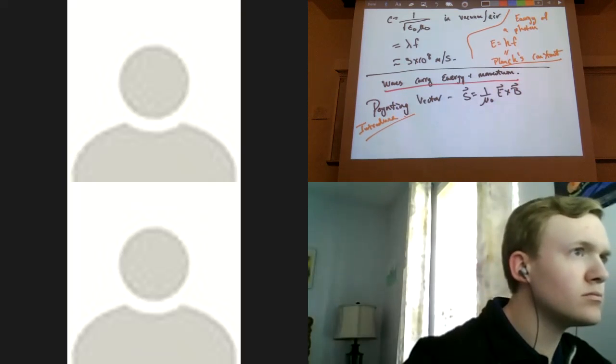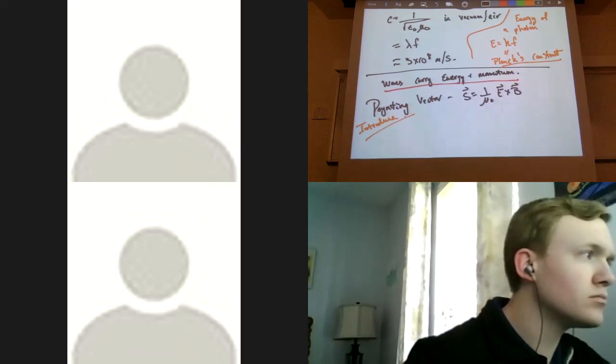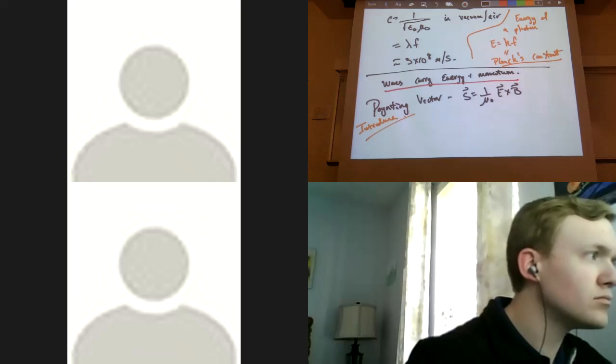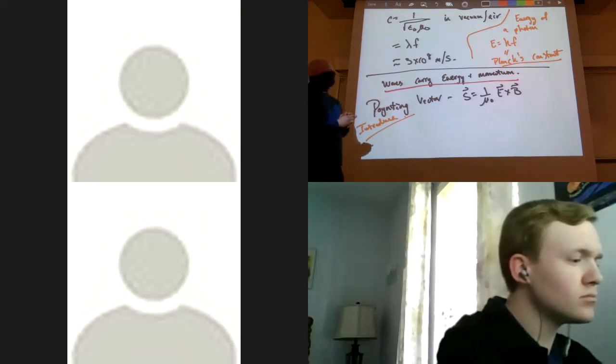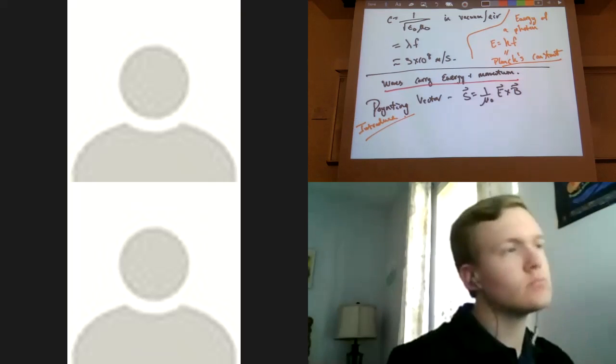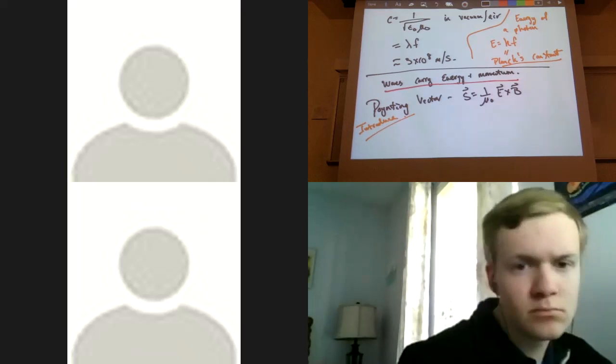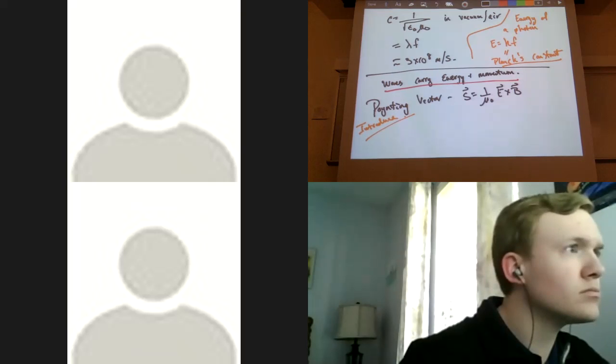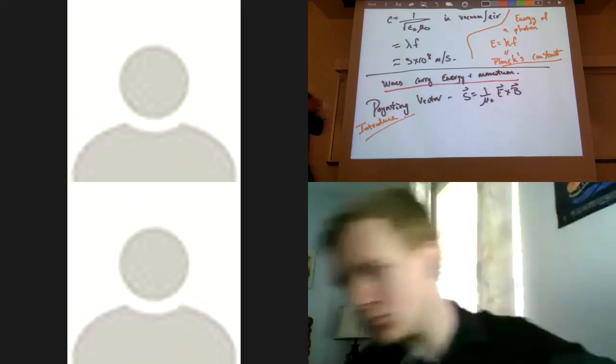So as the frequency goes up, the more energy the photon carries. So very small wavelengths, like X-rays and gamma rays, have very large energy, while long wavelength stuff, like radio waves, have very small frequencies and very low energy.